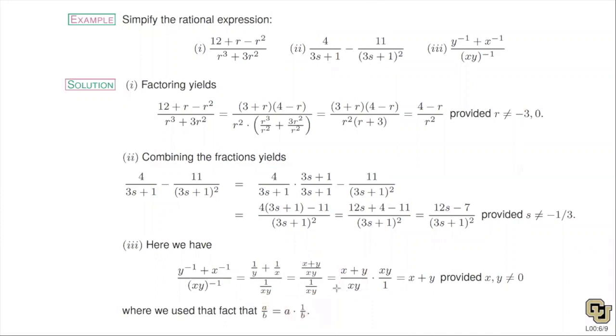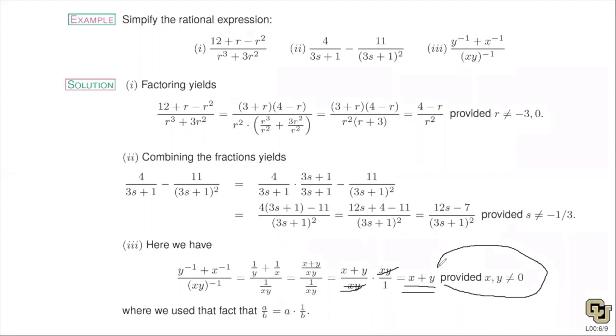So here I've just done the definition: a times the reciprocal of the denominator. As you can see, there's this common term, xy, which will cancel. This cancels, this cancels. So my final answer is x plus y, but I really need to write this part.